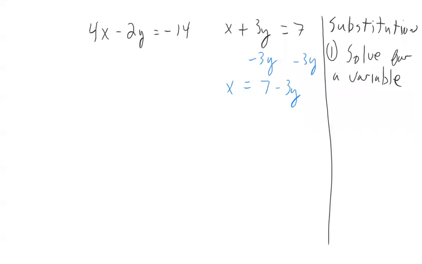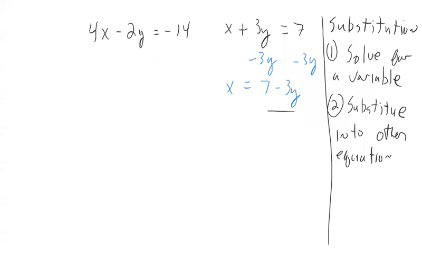Now step 2, substitute it into the other equation. So we take this, the 7 minus 3y, and we substitute it in place of x in the other equation.